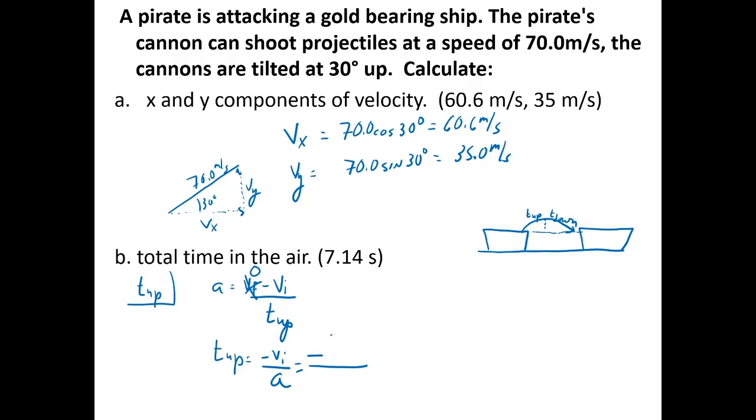Now, we have to decide which velocity. We have 3 of them. We're thinking about it going upward. Well, the velocity that's in the direction of upward is the 35, divided by negative 9.8. So you'll see that our negatives will cancel, and we won't get a negative time. So time up is 3.57 seconds.